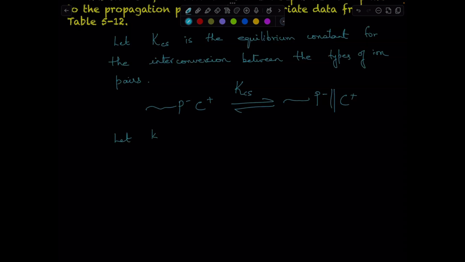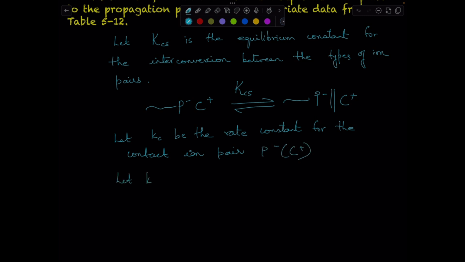Now let Kc be the rate constant for the contact ion pair P minus C plus, and let Ks be the rate constant for the solvent separated ion pair.